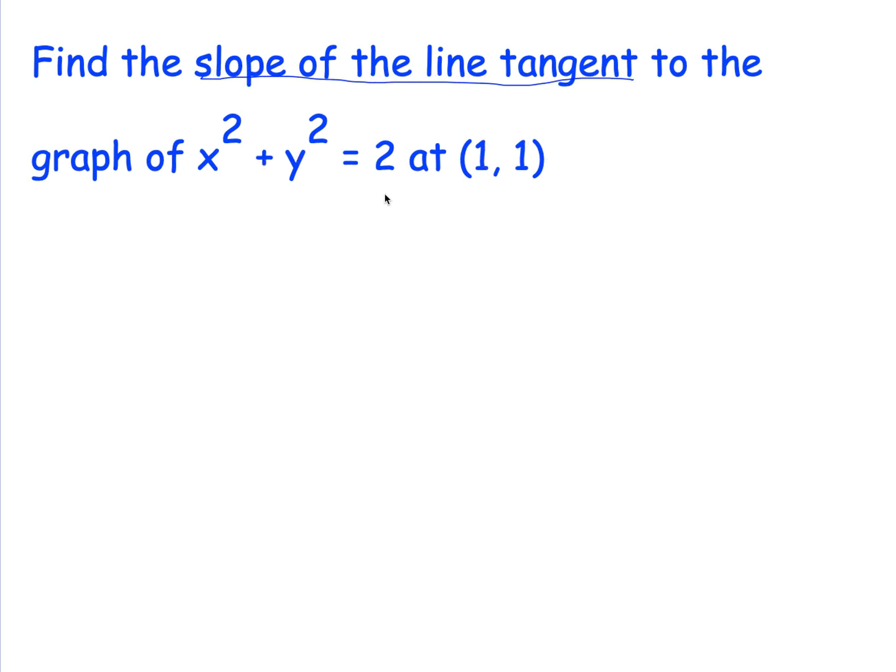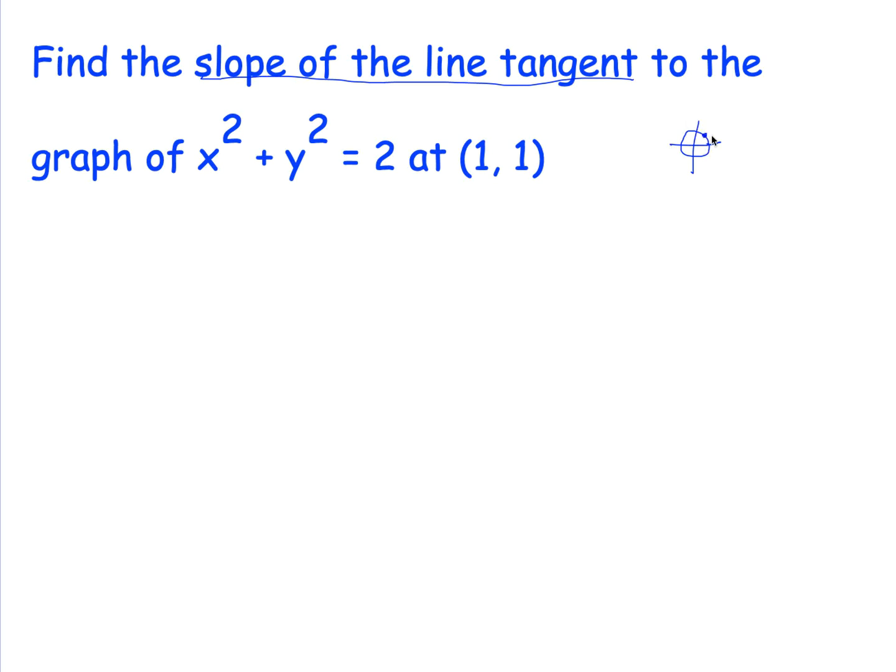Now, you actually don't need to know this to do the problem, but it does help to know that this is a circle centered at the origin with a radius of the square root of 2. So we're going to be looking at 1, 1 here. So it would be right there on the graph.